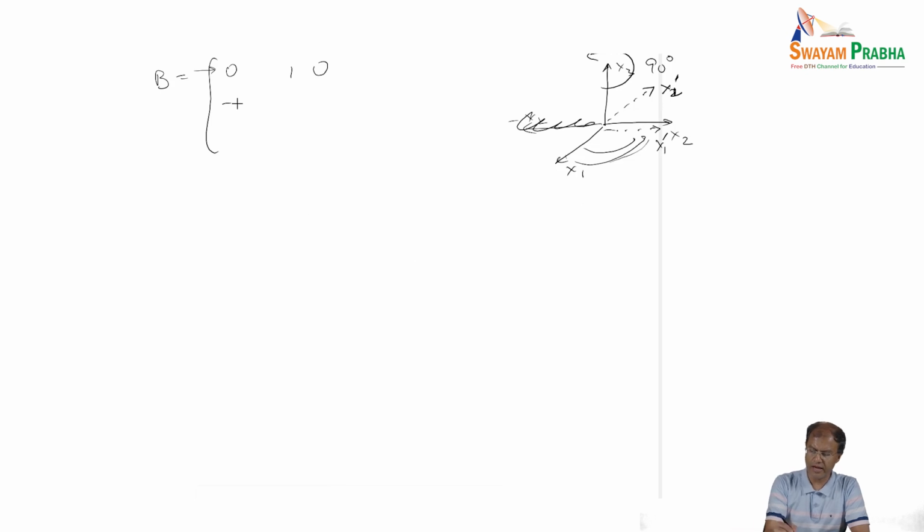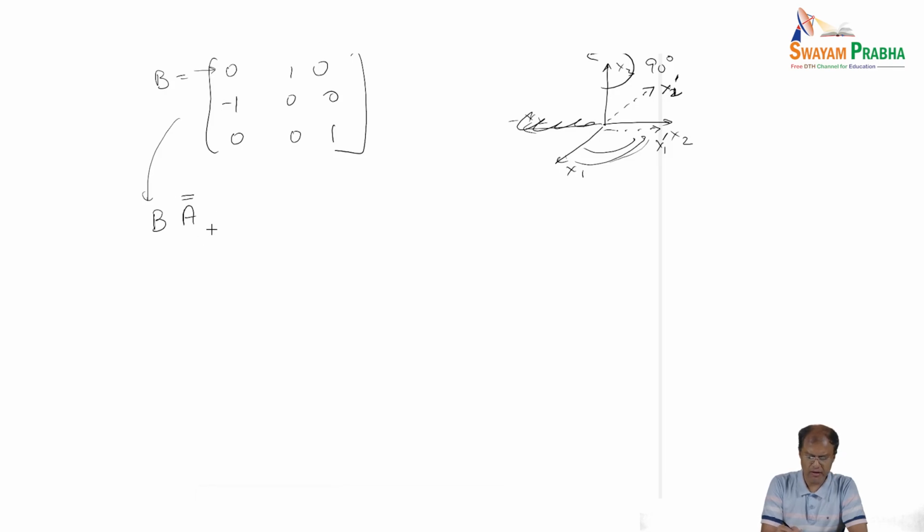So x2 becomes negative x1, and x3 becomes 0, 0, 1. So this is what we have. Our final matrix of transformation will be B times A, where A is our reflection matrix and B is our rotation matrix, and the product of these two will be the answer.